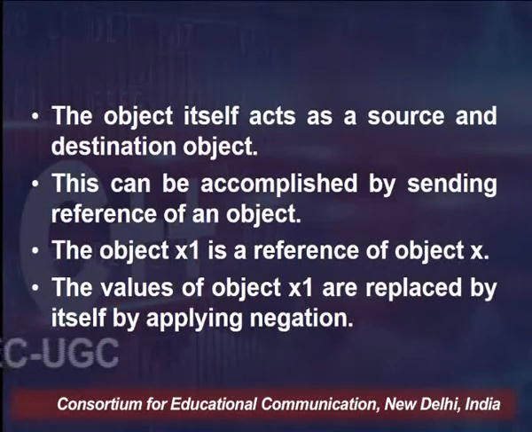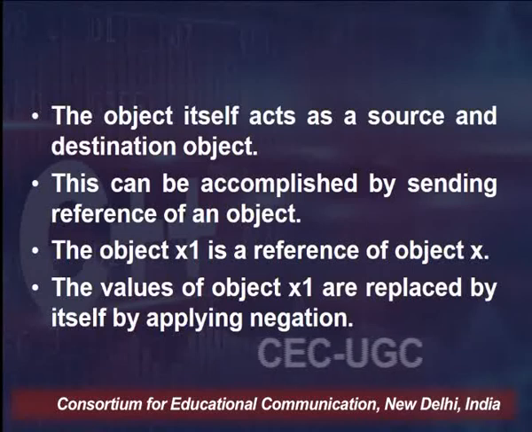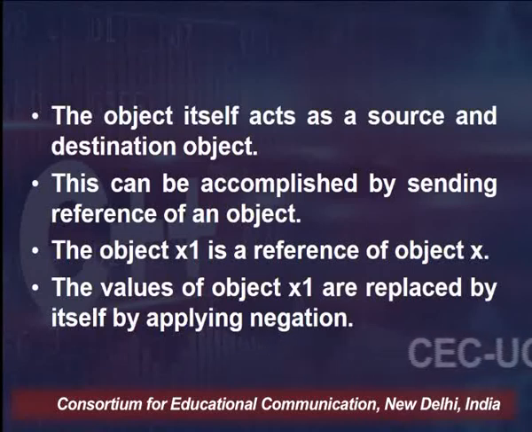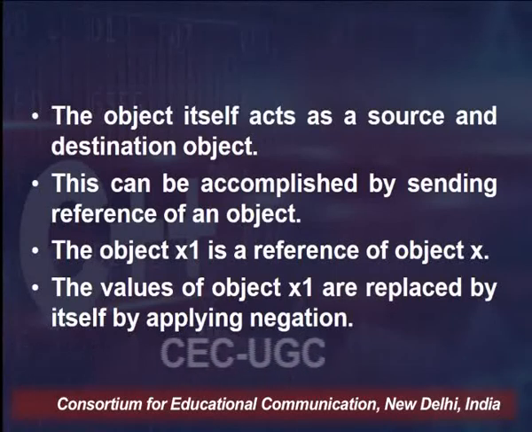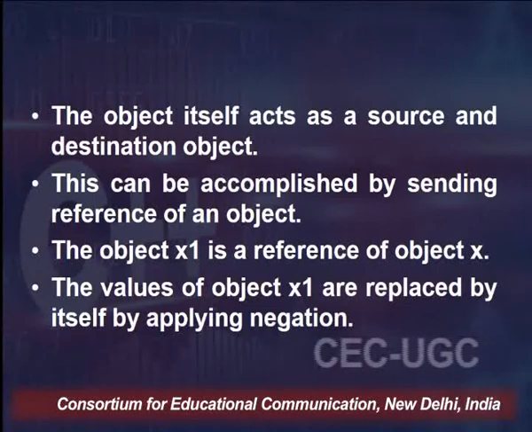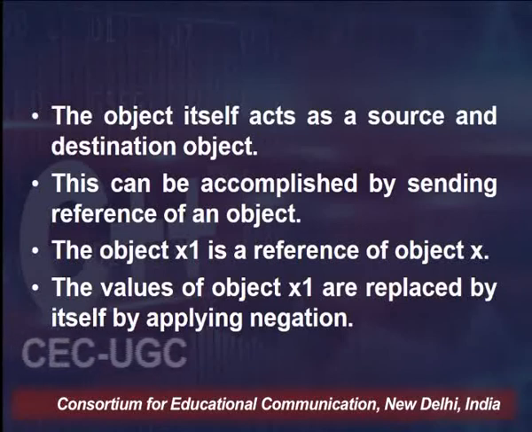That is why we say the object itself acts as the source and the destination object. Object x1 in the code is a reference of the object x, and these values of x1 are replaced by themselves by applying the negation.